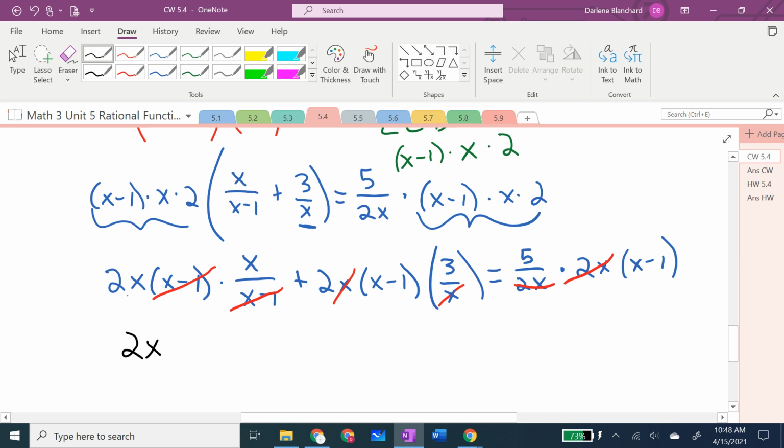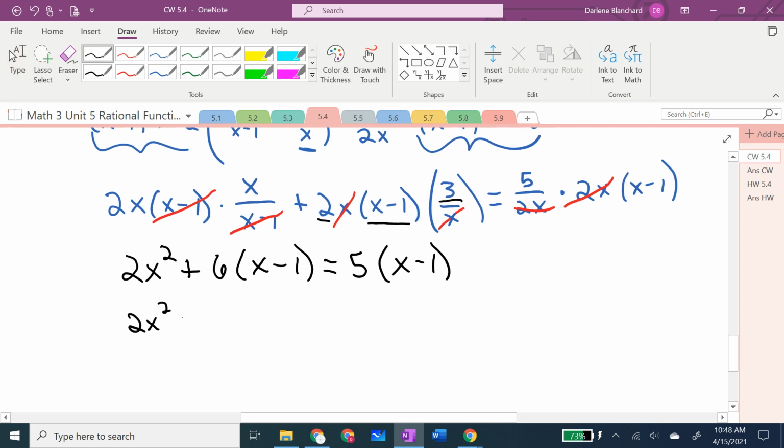Anyway, 2x times x makes 2x squared. And then I have a 2 times an x minus 1 times a 3. But I need that x minus 1 in parentheses still. On the right side, I have a 5 and an x minus 1.